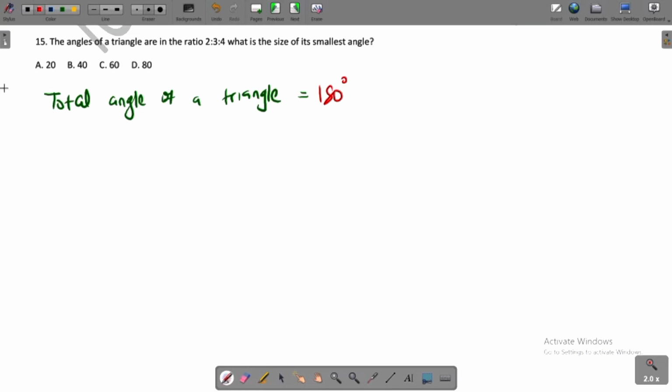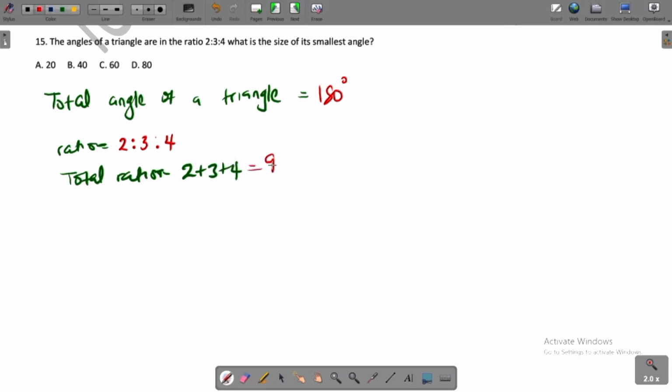And the second one says that the ratio is 2 3 4. That is then the total ratio: 2 plus 3 plus 4.